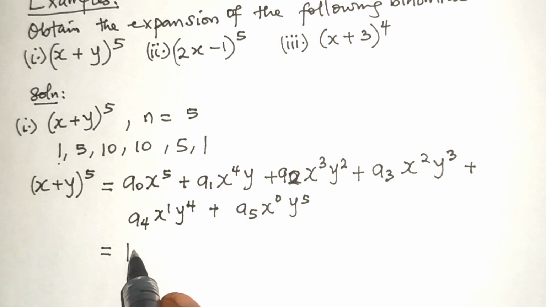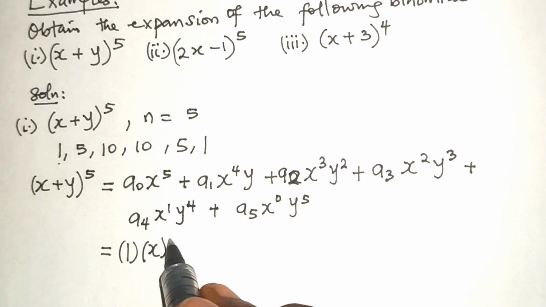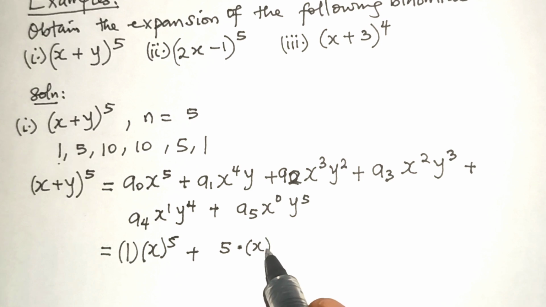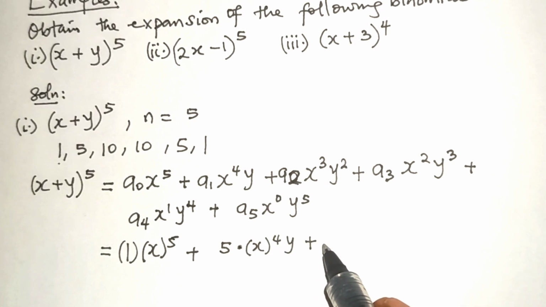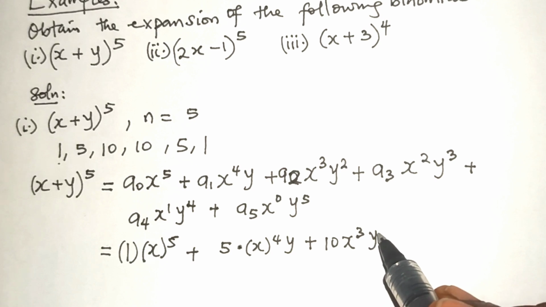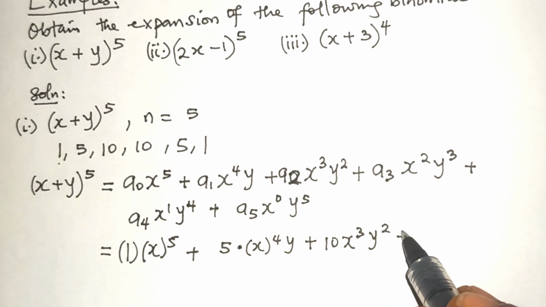a0 is 1 times x^5 plus a1 is 5. So we have 5 times x^4 times y plus a2 is 10. We have 10 x^3 y^2 plus a3 is 10 again.